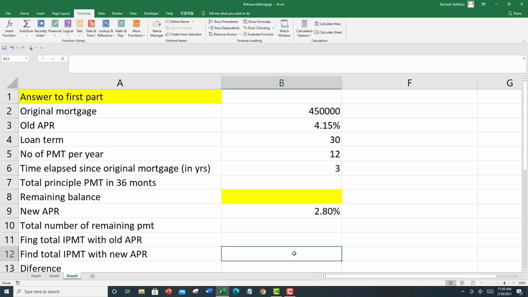And once you find out how much interest would you pay for old and new APR, you can easily find the difference between these two, and that would give us the total saving on the interest, right?